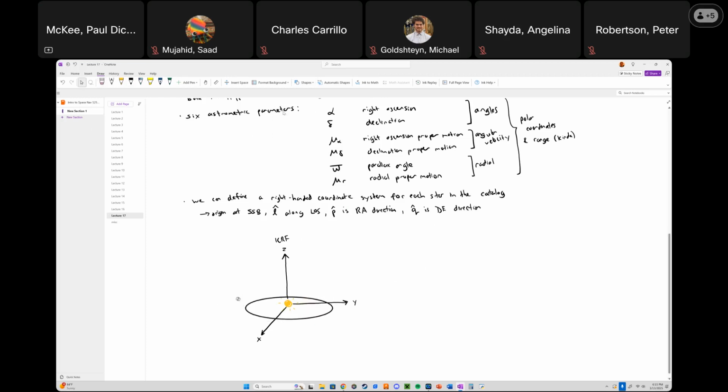Now we're talking. There. This is our equatorial plane. And let's say that the star that we're interested in is out this way. So here's our direction.